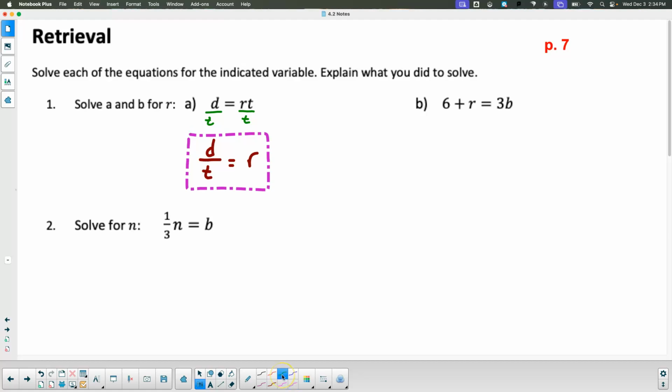I'm going to subtract 6 from both sides. Can I combine, because then that's 6, just like this dividing by t over here, cross those out, that crosses those out, so then I'm left with R equals, can I combine 3b and minus 6? No, so we're just going to leave it as 3b minus 6.